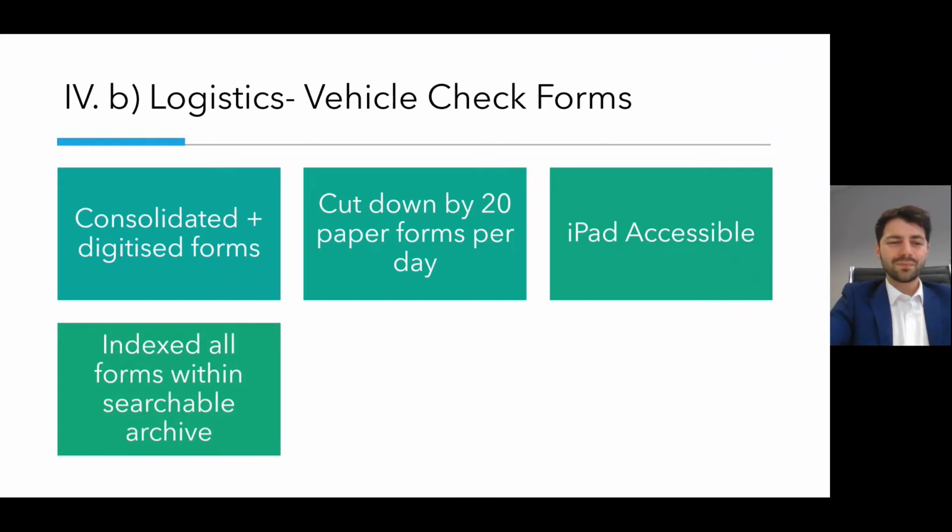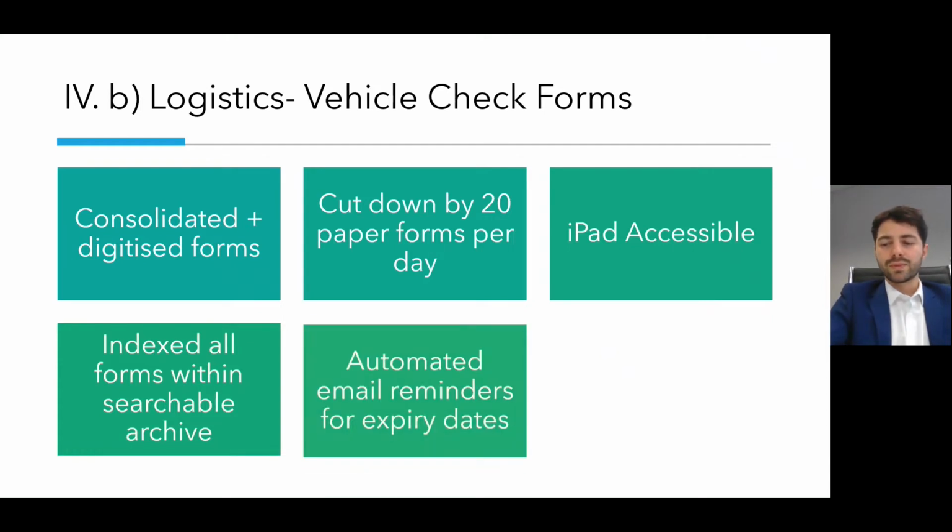And then all of the forms within that archive that iPad sent these forms over to were indexed, so they were all searchable via registration or driver, or other things like dates, for example. So any relevant information the staff could find with the click of a button, which is very, very useful.